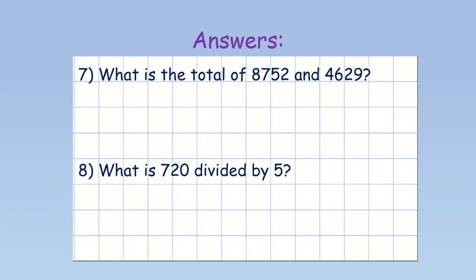Still thinking about our vocabulary then, question 7 asks for the total. The total is the same as the sum. It's asking us for an addition. So 8,752 add 4,629.